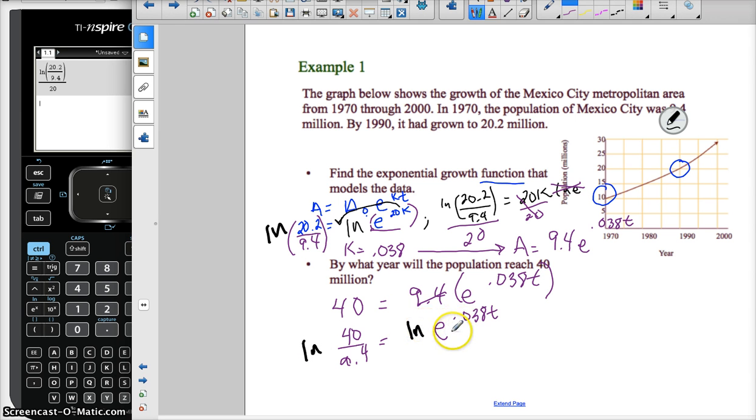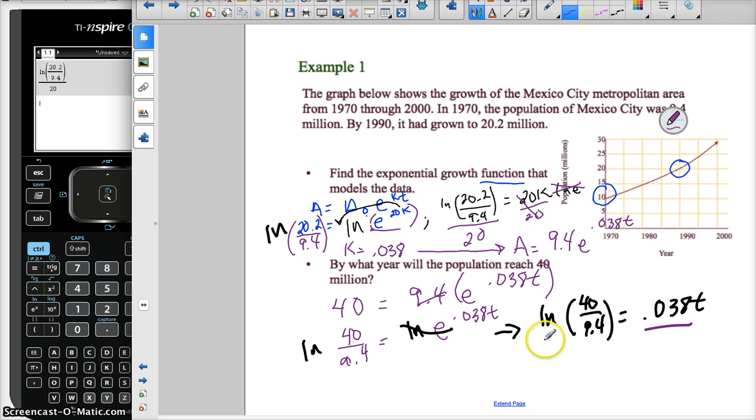We know that the natural log of e raised to the 0.038 t power, the natural log of e will cancel, and we now have the natural log of 40 divided by 9.4 is equal to 0.038 t. And we can divide this by the coefficient of t.